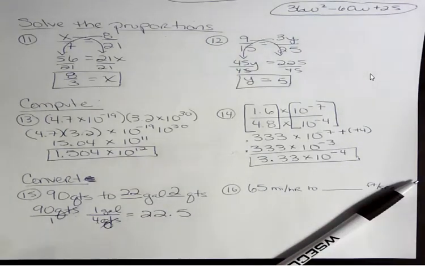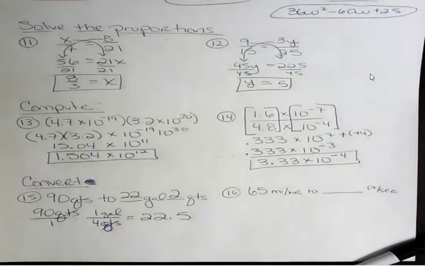Okay, and then the next one, 65 miles per hour. Well, I am going to get my calculator for that one. You're going to set that up as 65 miles over 1 hour, so you have a rate that you're starting with. And we want to change it into feet per second.